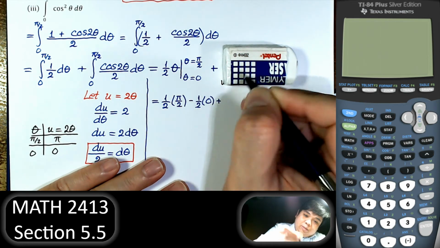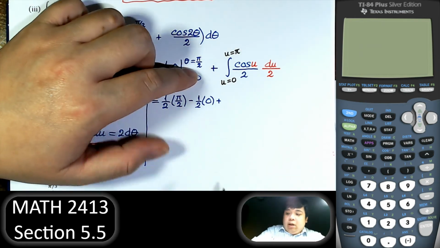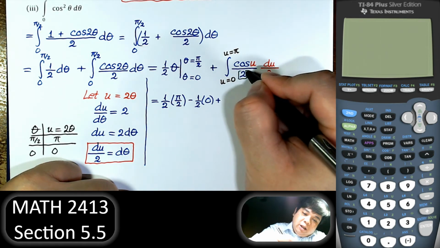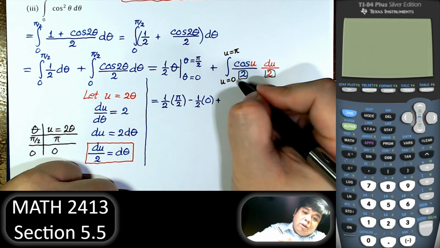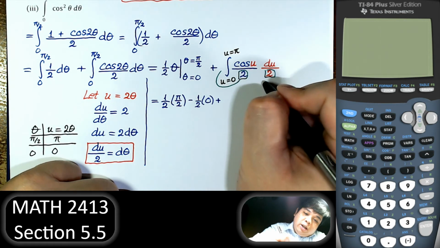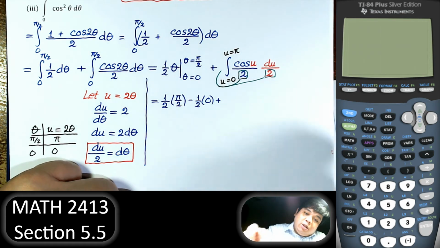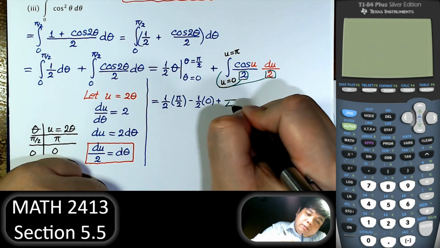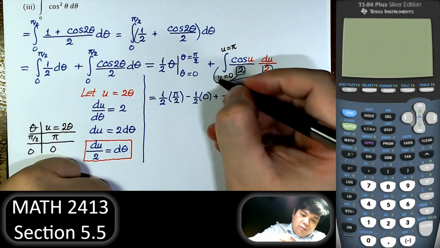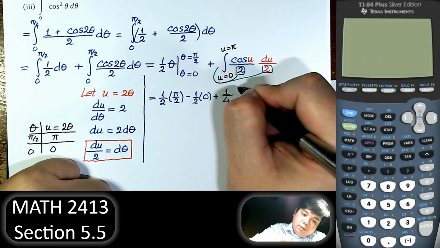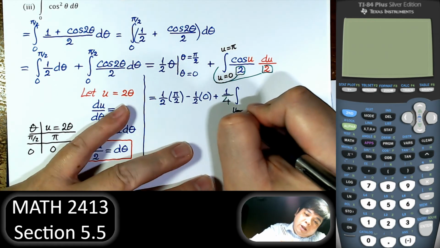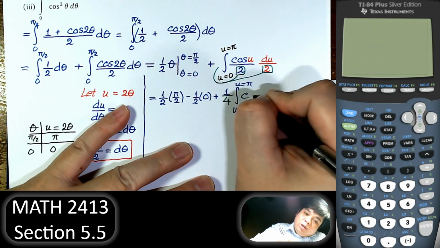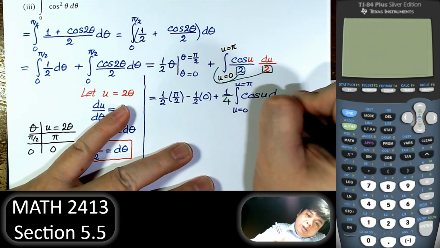Now plus, everything in terms of u, but we have the constant here: 2 times 2 at the bottom, which is 4. We take both of them outside, so that gives us 4 at the bottom, u equal to 0 to u equal to pi, and cosine of u du.